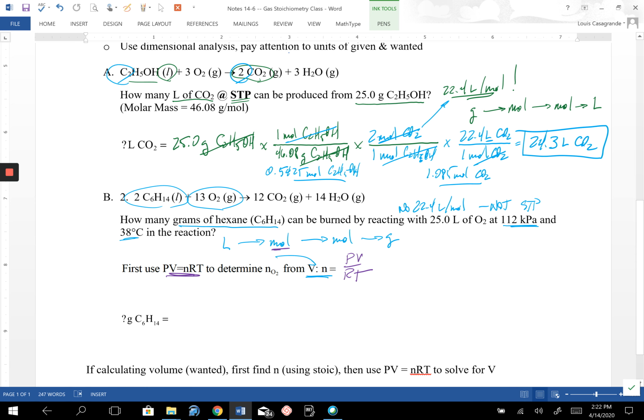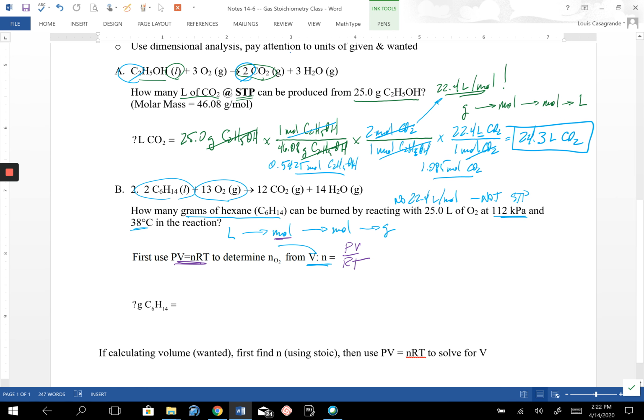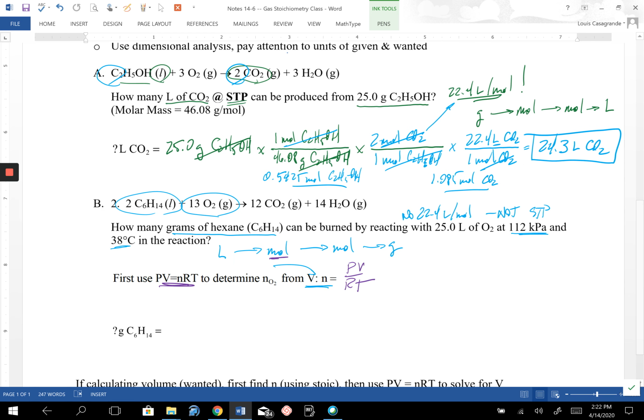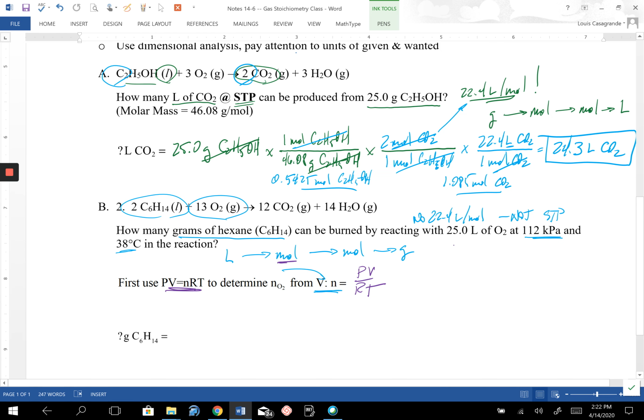One thing I do have to do, don't forget, this is a gas law, so I need to have my temperature in Kelvin, so 38 degrees C plus 273 is going to give me 311 Kelvin.